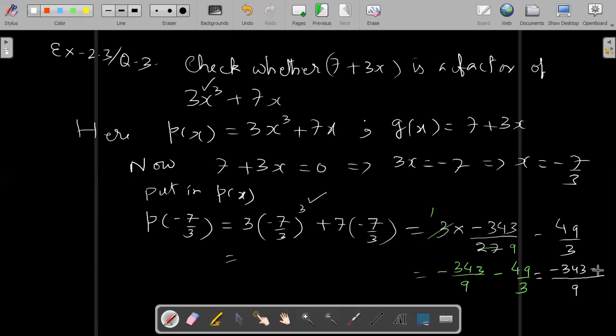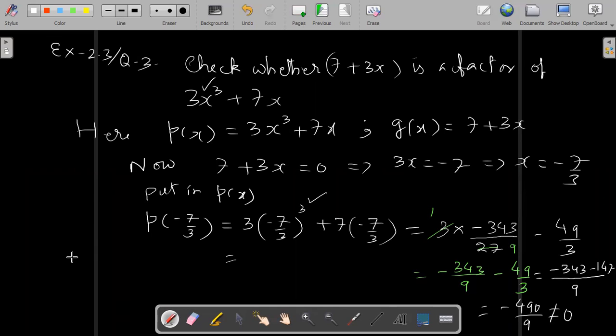So 49 times 3 is 147. 147 is added with 343 because they have the same sign. So 490. So minus 490 upon 9, which is not equal to 0.